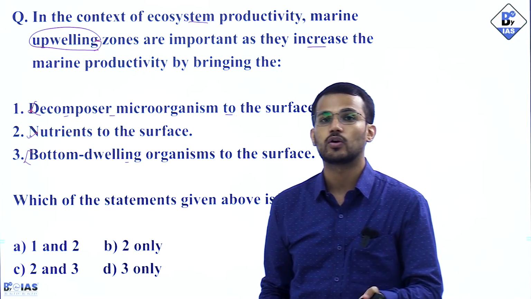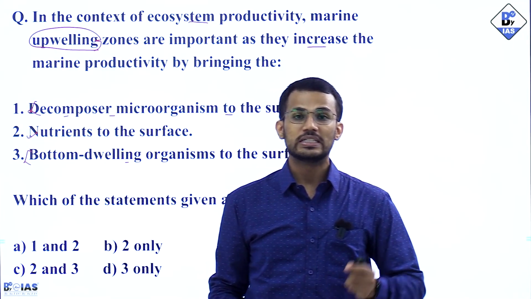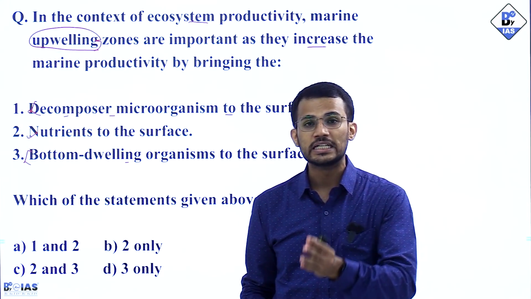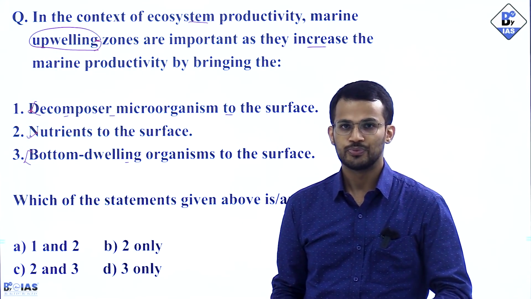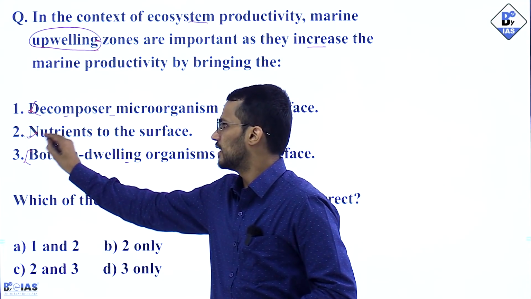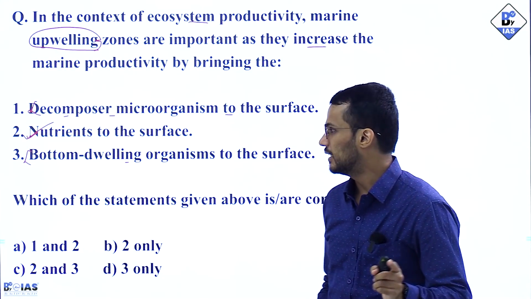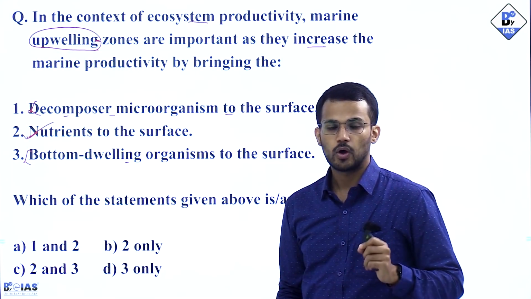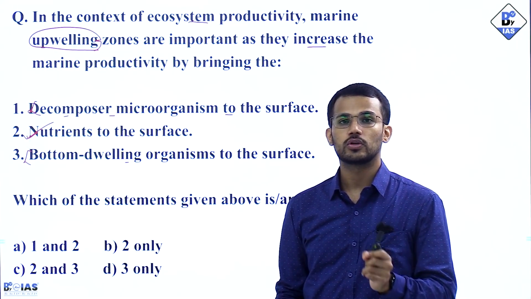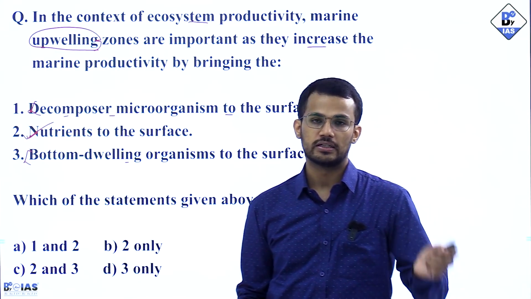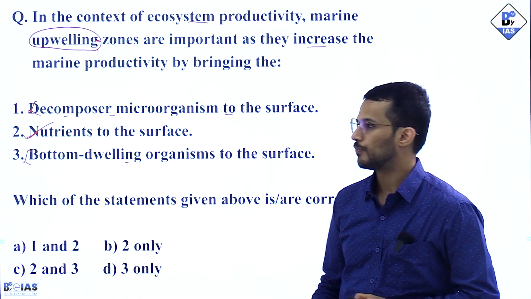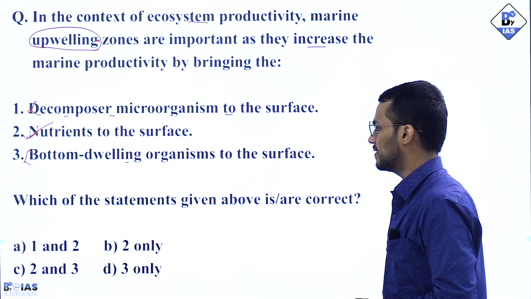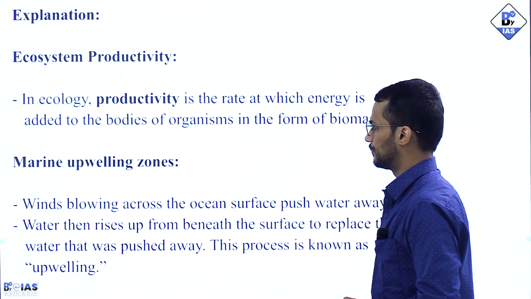Even if bottom dwelling organisms are brought to the surface, they do not lead to an increase in the productivity of that marine ecosystem. That's why the correct answer is B, 2 only, because upwelling ensures availability of nutrients at the surface of the marine ecosystem.